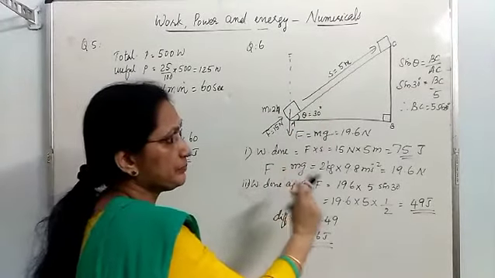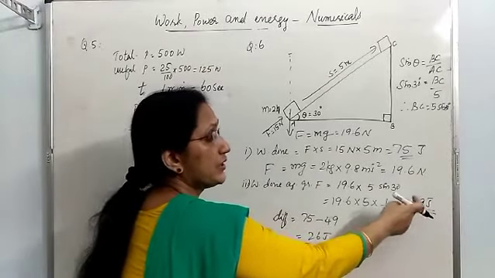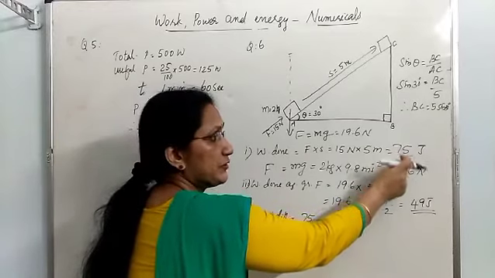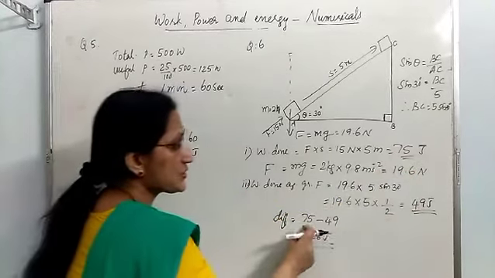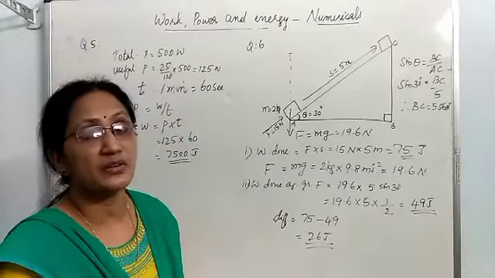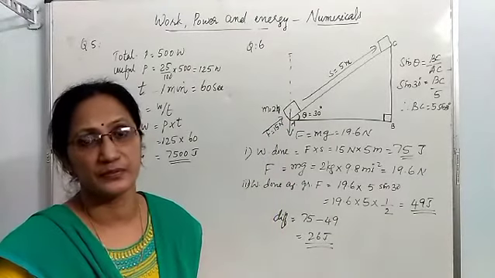To overcome the gravitational force, the work done is 49 joule and total work done is 75 joule. So the difference 75 minus 49, that is 26 joule, that is the work required to overcome the frictional force.